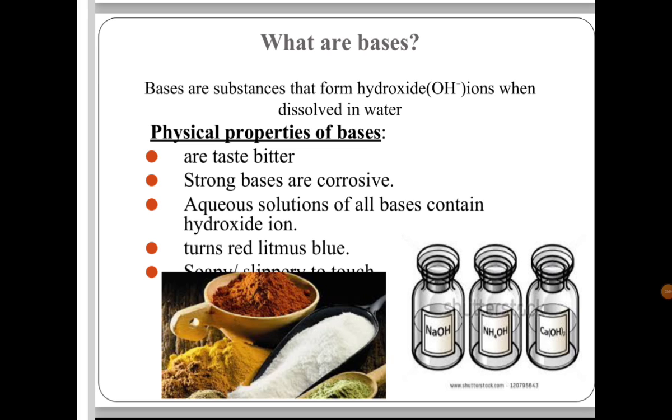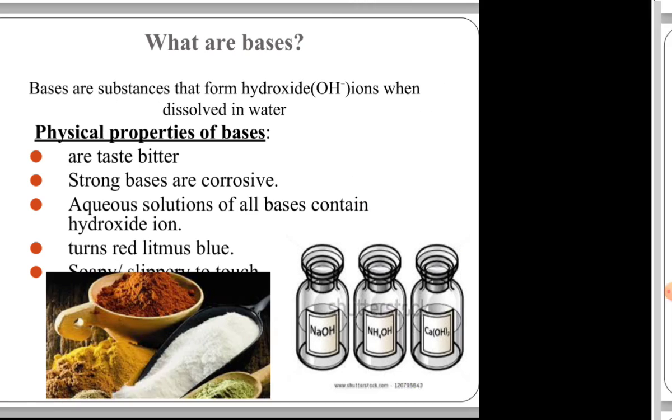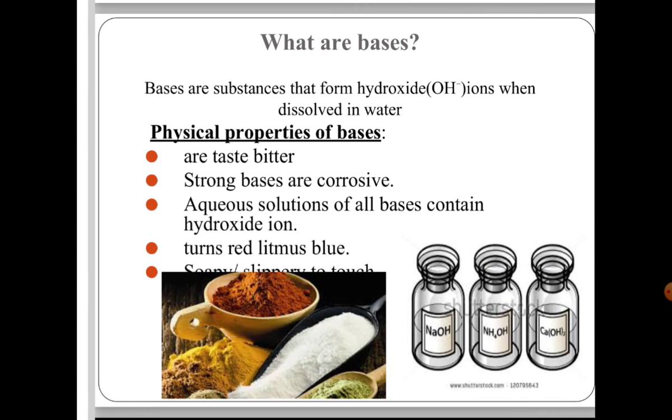Now let us continue. What are bases? In the previous slide we learned about acids. Now we will learn about bases. Bases are substances that form hydroxide, OH-, ions when dissolved in water.